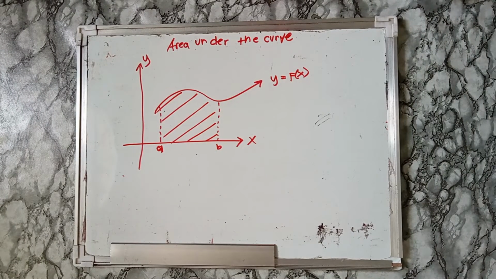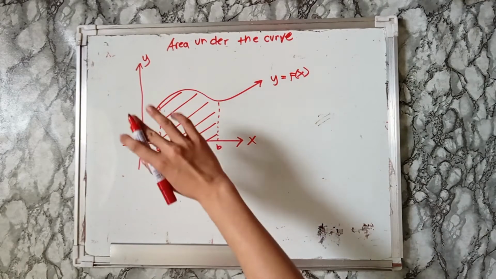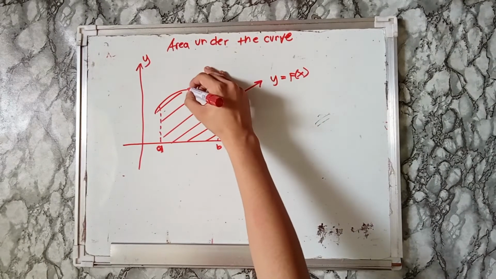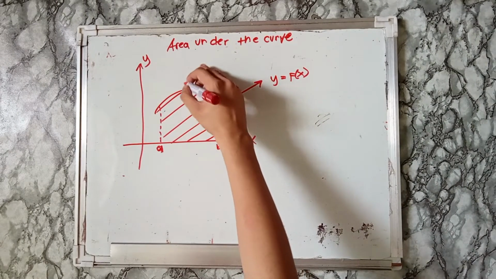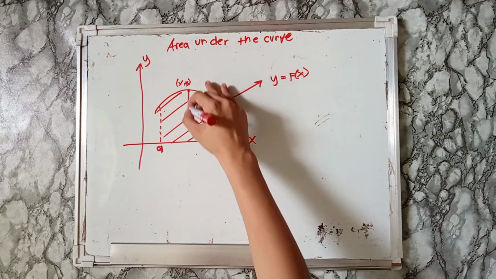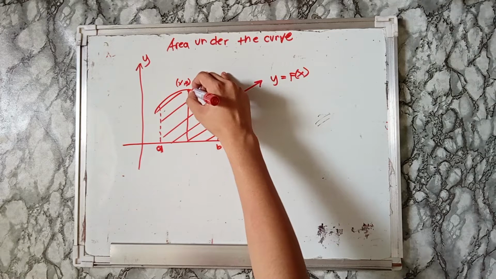Now, in area under the curve, to solve the area of interest, let's first put a strip. Let's label this point as x and y. Put a point, then a vertical strip.